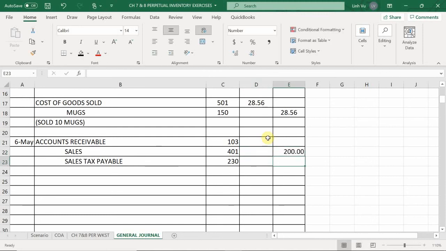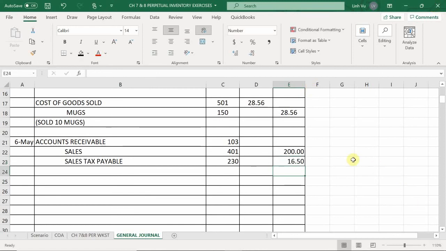What is my total tax on this? $16.50. Yes.